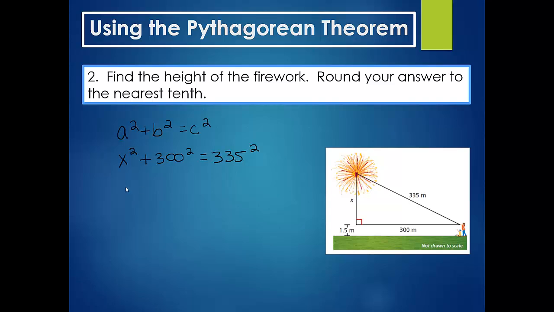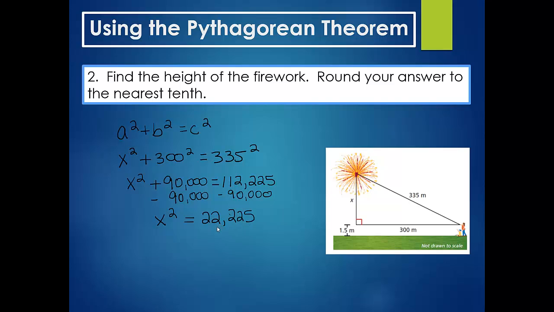So now we'll go ahead and simplify. We have x squared plus 90,000 equals 112,225. Now we can go and subtract 90,000 from each side. And we'll have that x squared equals 22,225.